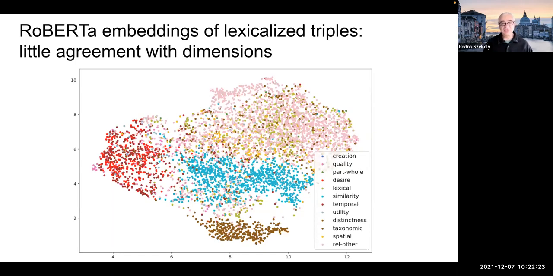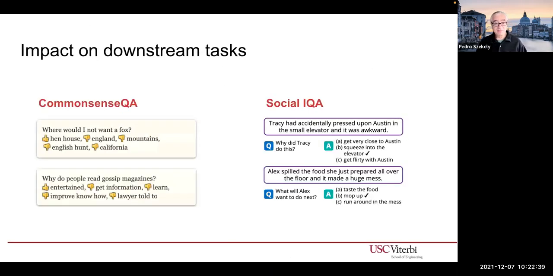Some of the dimensions seem to overlap a lot in the language model encoding, and we think this is because the language model takes into account the nodes in the triples, not just the relation in the triples. Next slide, please. So the impact on common sense downstream tasks.